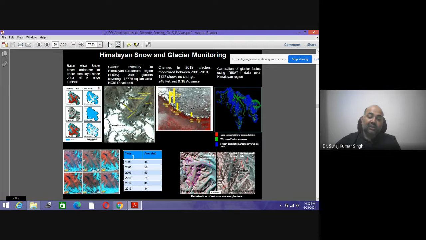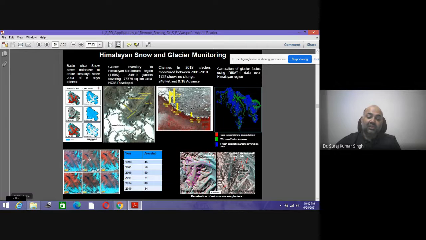If we are talking about a glacier, you can see what is the area of the glacier in 1998 and what it is in 2016. So we can identify the areas which are at high risk, and we can have management and planning so that in the low lying areas there is no flood-like situation.